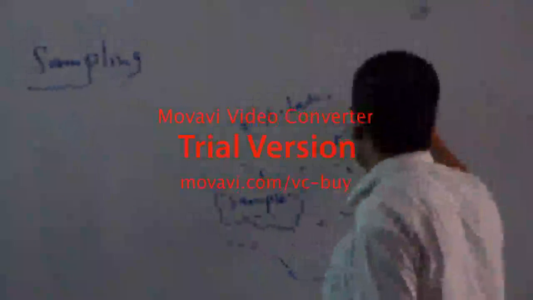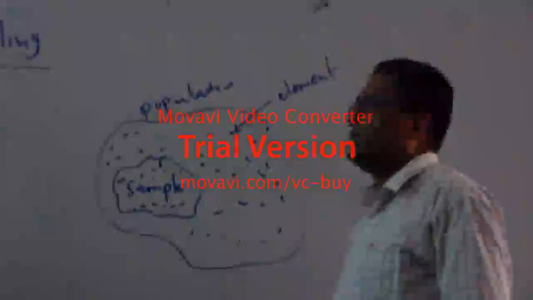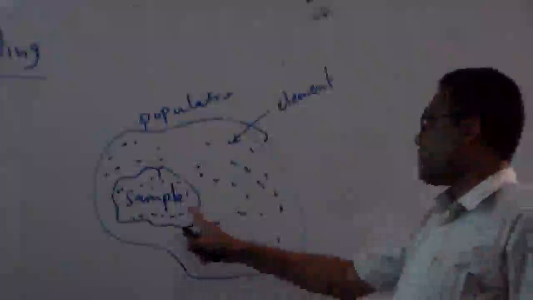An element is a single member of the population, so this one is an element. The whole set here is a sample. A sample is a subset of the population. It comprises some members selected from it. We just select some members from the whole population, so we can call it a sample.